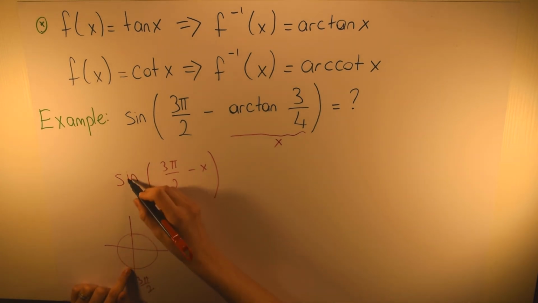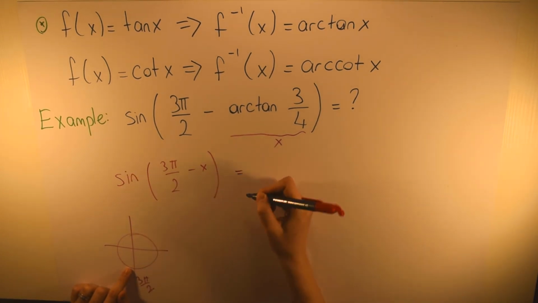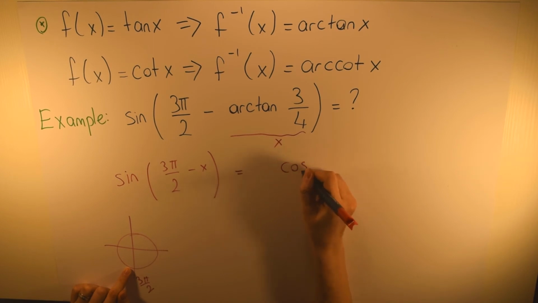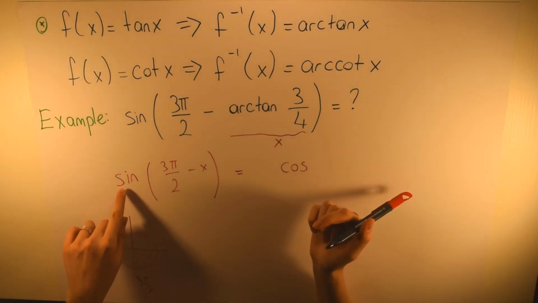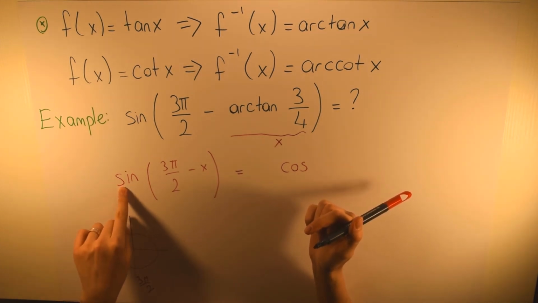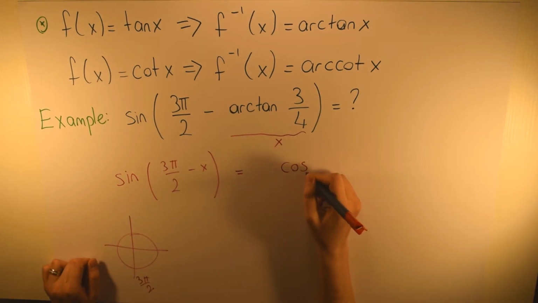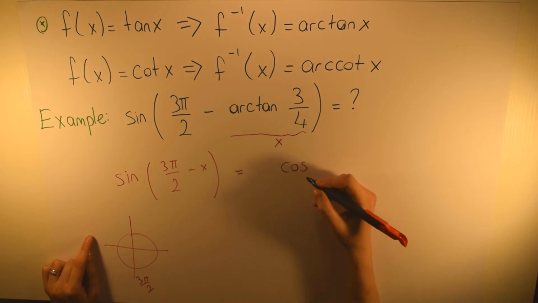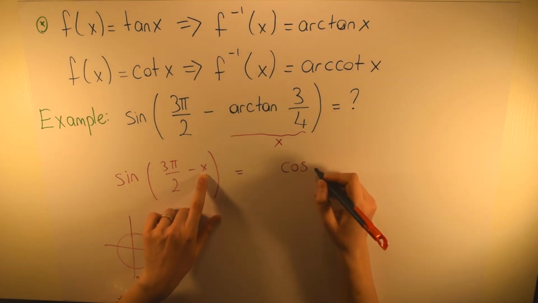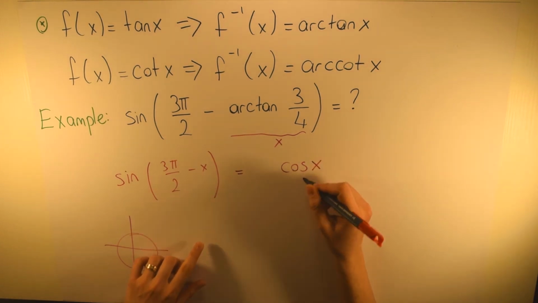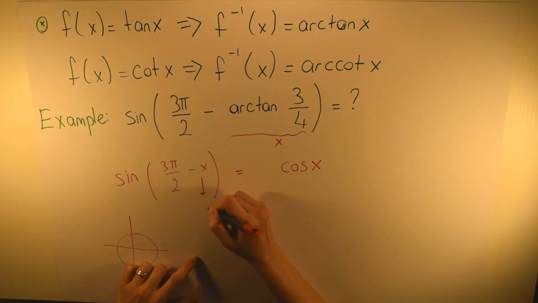So if we have sine here, it will become cosine. First, I look at the function: it's sine, so it changes to cosine. After that, we look at this x. This will become x because we only need this part.